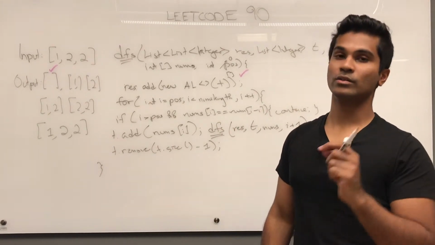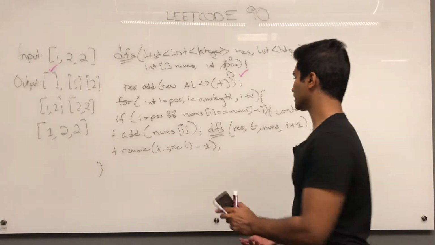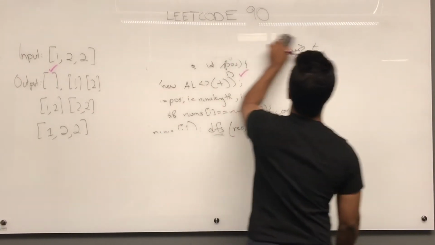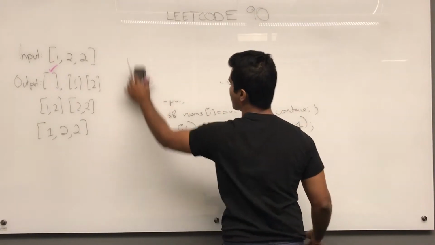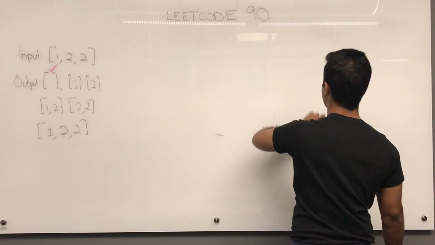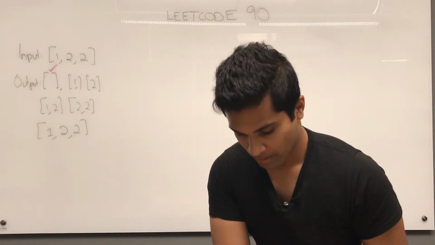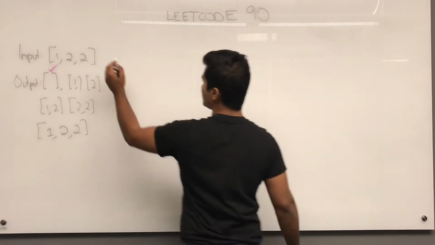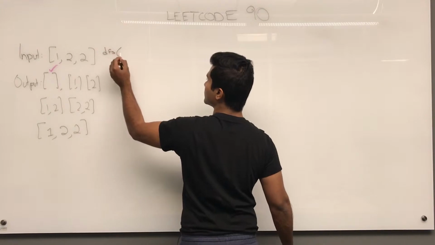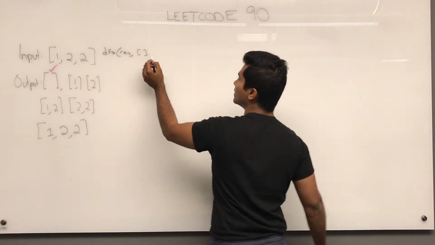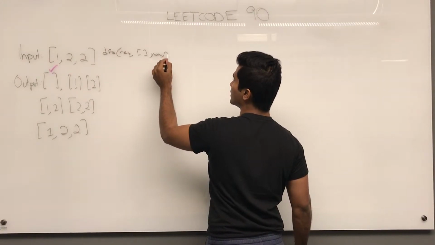So this is the code. Now let's get into what the diagram looks like. So first DFS res, that's the null set. Nums and 0 gets passed in.